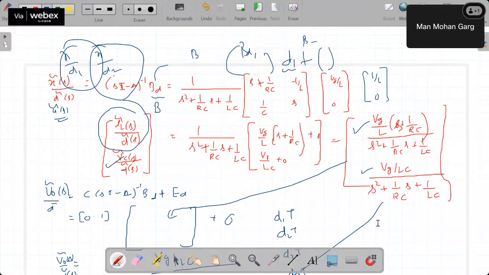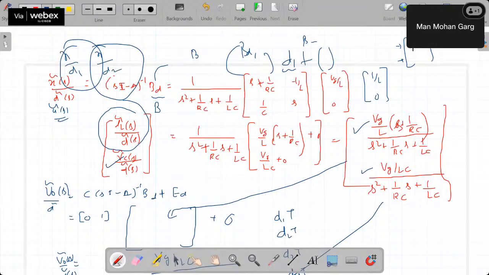Right now, what is happening? This is B only because we have only one input. These rows represent the number of state variables and these columns represent the number of inputs. Now you have only one input, VG1.